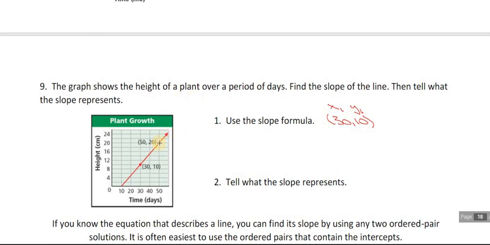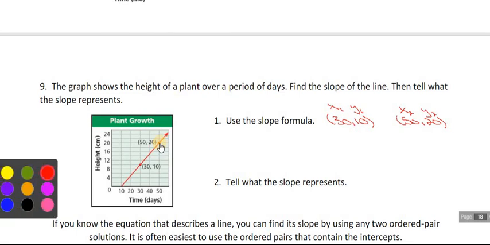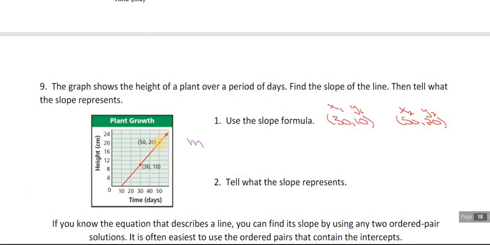My second perfect point is (50, 20). So x of the second, y of the second. Write that slope formula. m equals y2 minus y1 over x2 minus x1. Okay, find the slope. Tell me what it means.